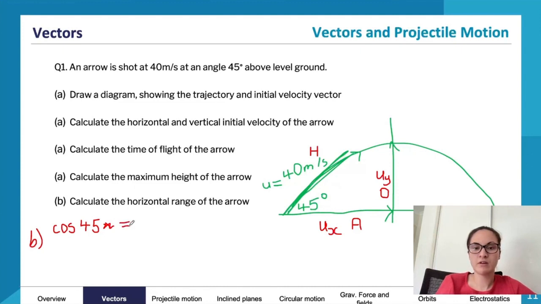Cos 45 is equal to Ux divided by 40, because that's our hypotenuse.